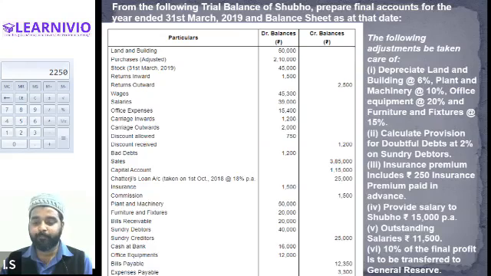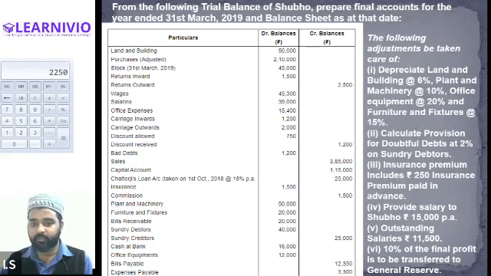Then we have expense payable. What is expense payable? Expense payable is our liability. Expense payable is like expense outstanding. Expense payable will be considered as expense outstanding.